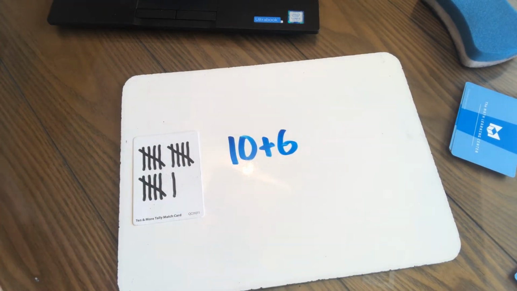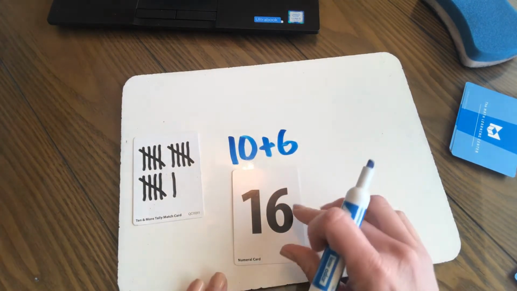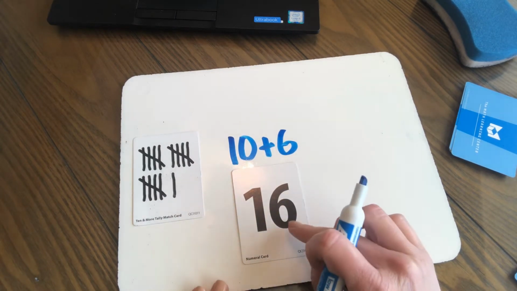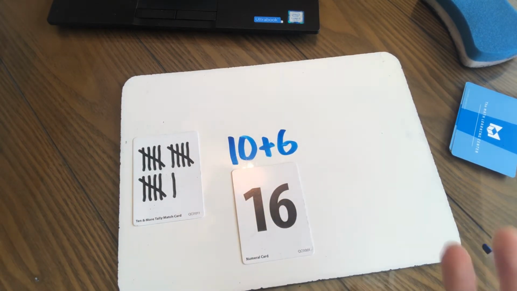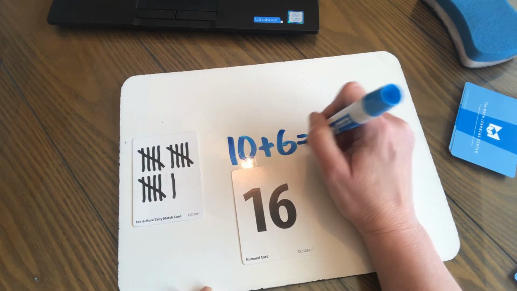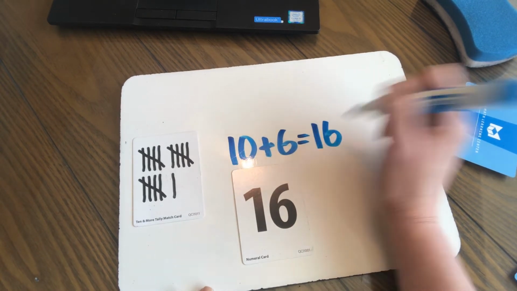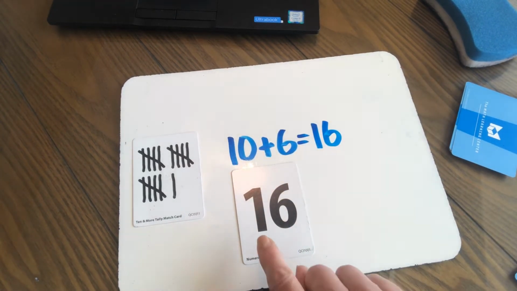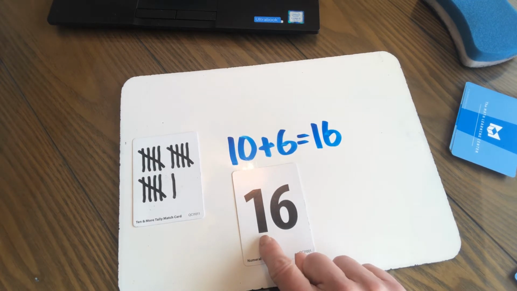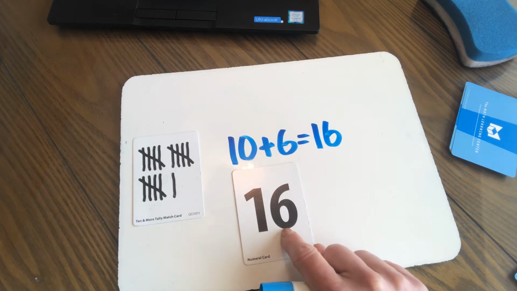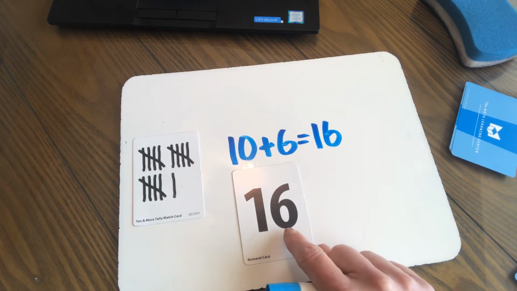10, 6. Is this 10, 6? Well, yes. So 10, 6 is 16. I can represent 16 with my 10 and my 6 and just write the number in standard form.